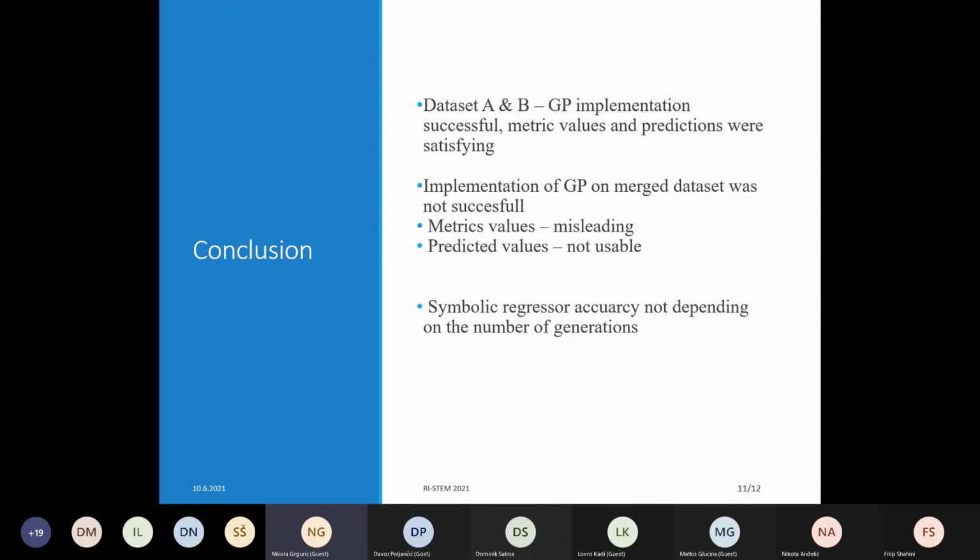In case of the merged dataset, it can be concluded that the merged dataset was badly defined and genetic programming, as well as the other used methods, could not be applied successfully. Also, predicted values of the tool wear cannot be taken as correct.